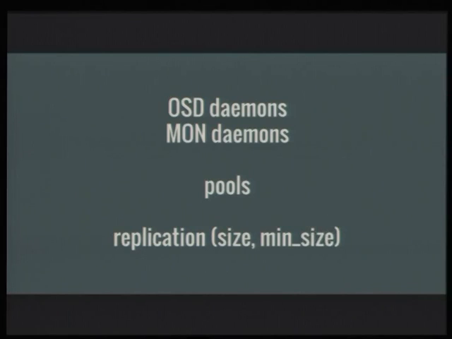So if you store one object and set size equals 5, Ceph will save this object 5 times. So it's something like RAID, but much better. And min size says how many of these objects are required to be stored in your cluster for it to be working. For example, if you have min size 1, then you need at least one of these objects in your cluster to be working.